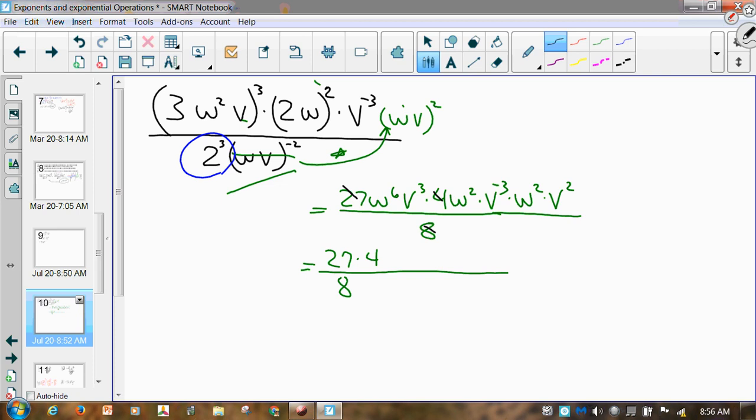Then we've got w to the 6, and that takes care of that one. w squared takes care of that one. Then w squared again. Okay, that takes care of that one. And then I've got v cubed. Then I've got v to the minus cubed.